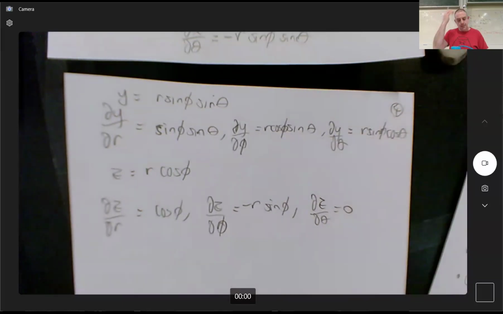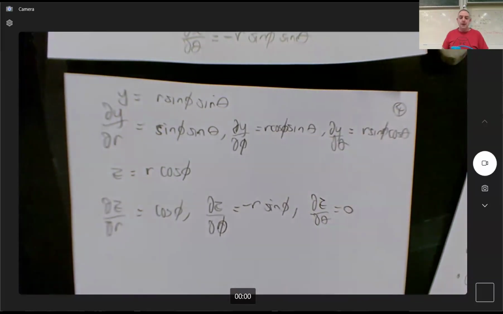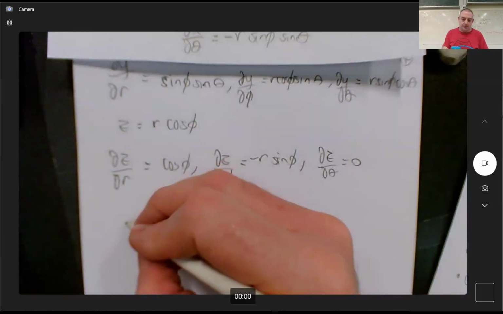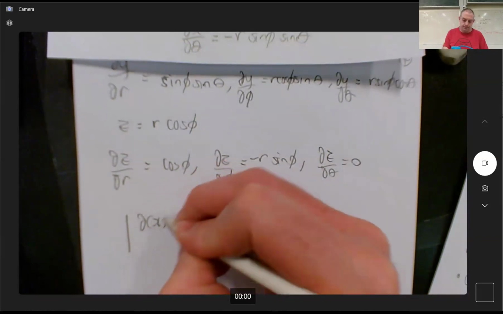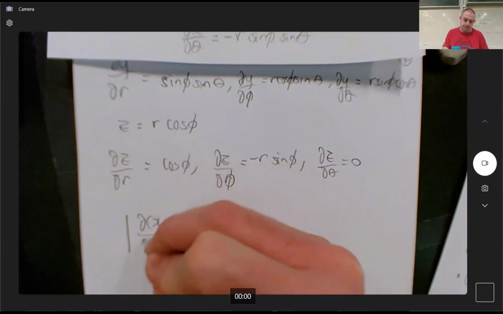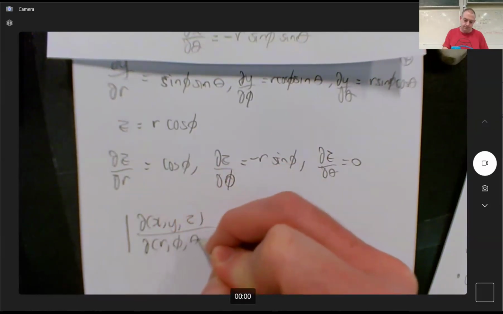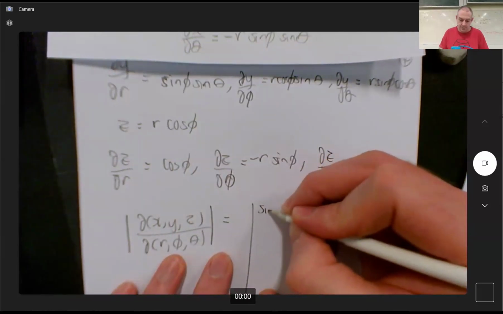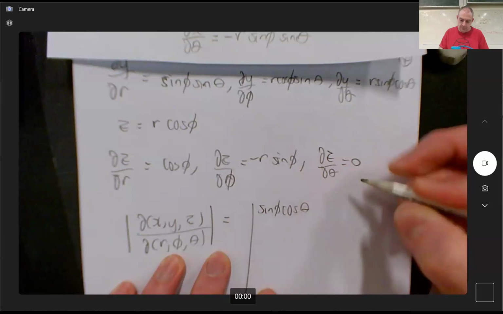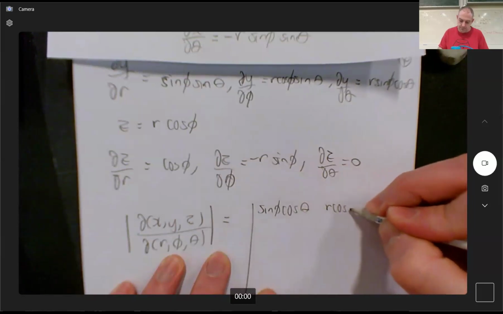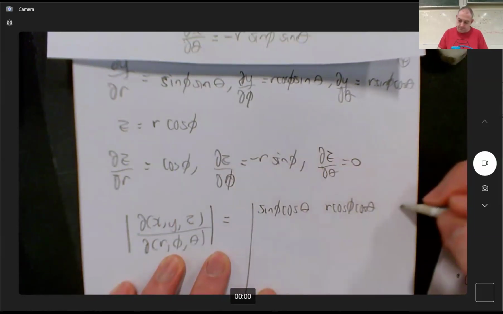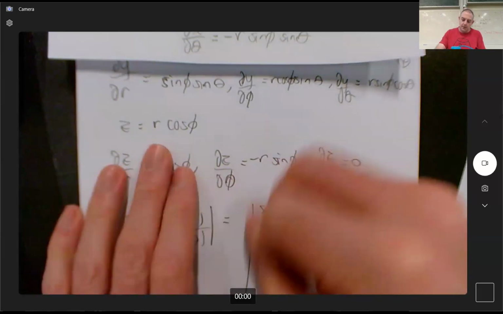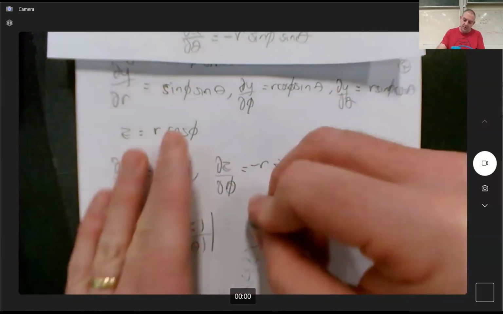Okay. And so therefore, my thing that I'm looking for is the determinant of this matrix. Never give myself enough space.